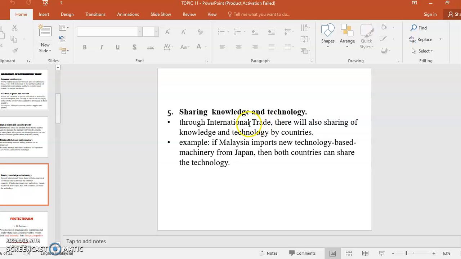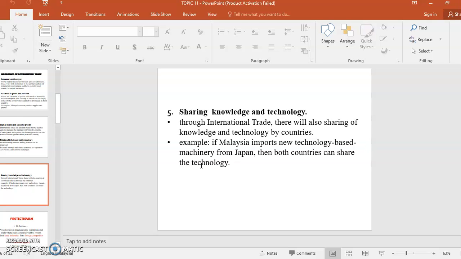Last is sharing knowledge and technology. So through international trade, there will also be sharing of knowledge and technology by countries. Example, if Malaysia imports new technology-based machinery from Japan, then both countries can share technology. Example, Malaysia's Proton company did a joint venture with Mitsubishi, so Proton produced the Inspira, like the Mitsubishi Lancer.